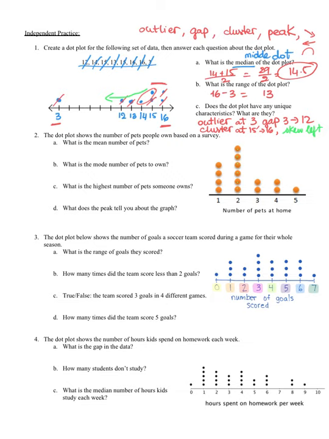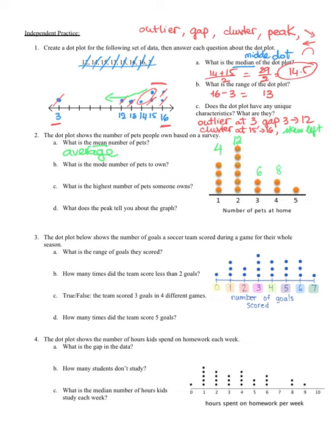Find the mean number of pets. Mean, average. So we have 4 times 1 is 4. 6 times 2 is 12. 3 times 2 is 6. 2 times 4 is 8.